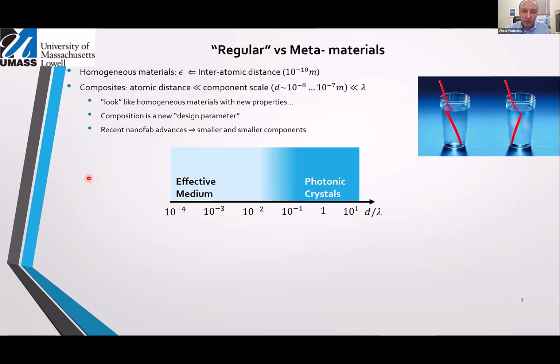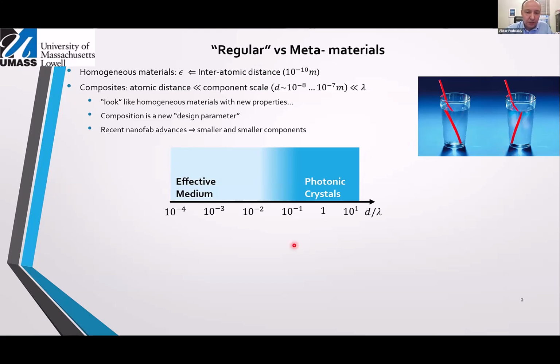So we can engineer composites on a scale smaller than a wavelength, and then somehow we'll come up with new materials that have unusual refractive index properties and enable something like what you can see here, which shows negative refraction of light, or maybe some other interesting phenomena.